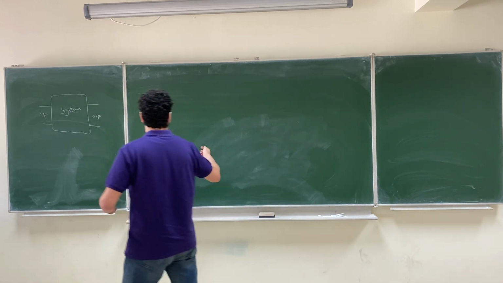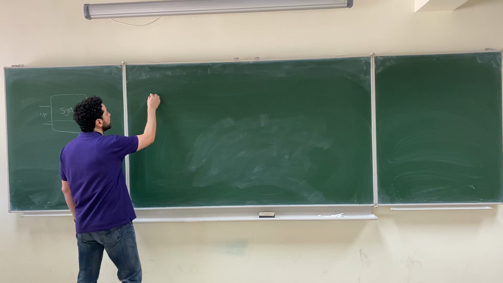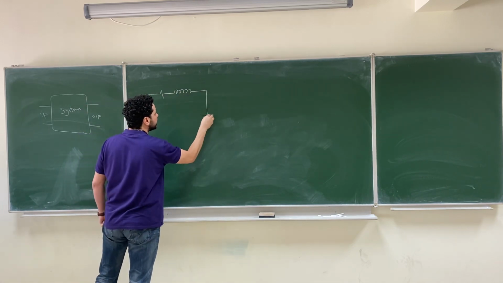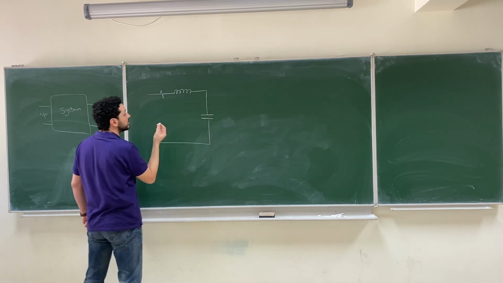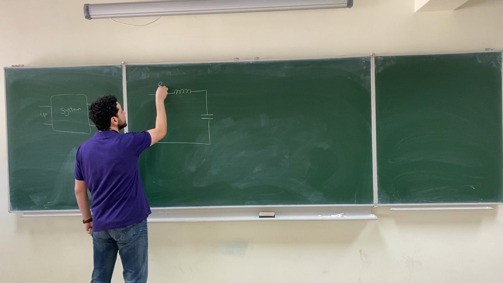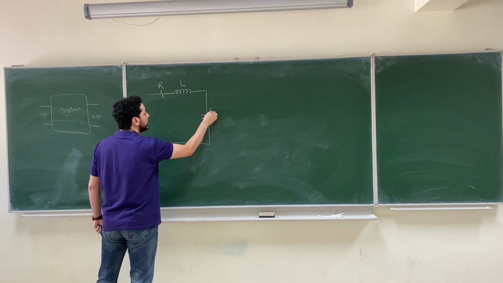As an example of a system, if you imagine that we have a circuit that looks like this, this is called the system. This is a very simple system that consists of a resistor, inductor, and capacitor.